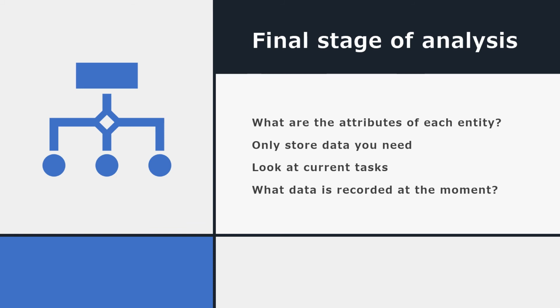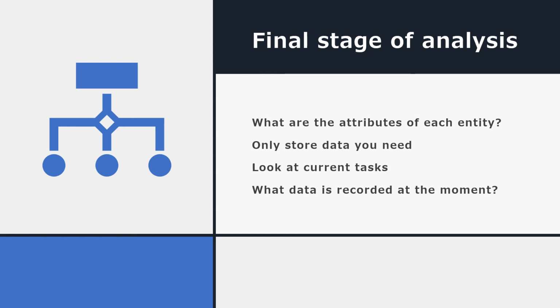We now need to look at each of the entities in our ERD and think about what data we need to store, what attributes we need to include for each entity.